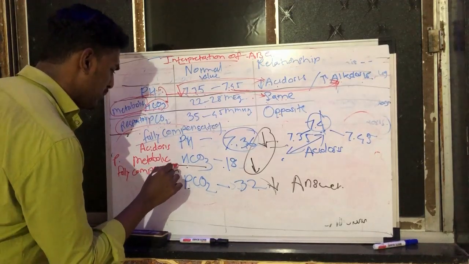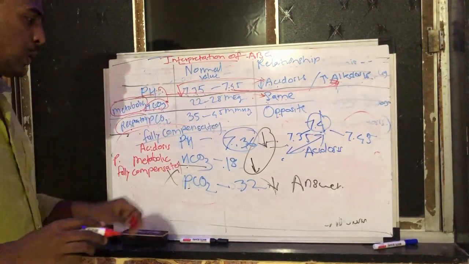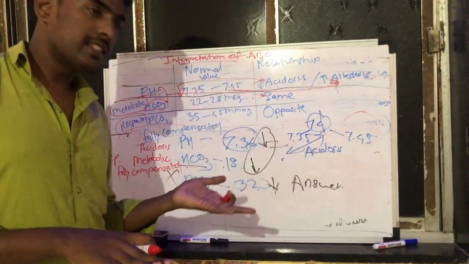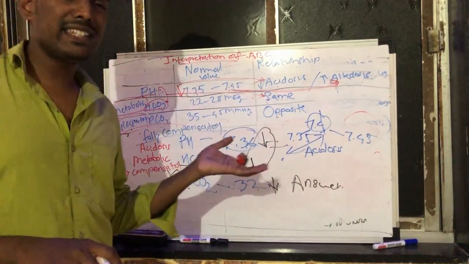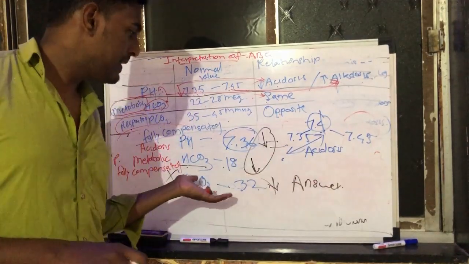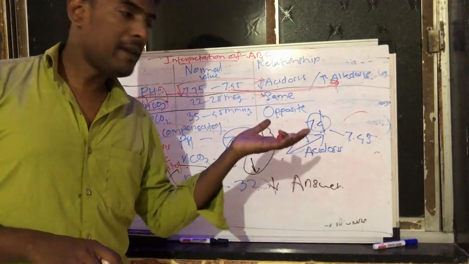Who compensates over here? PCO2. What did he try to do? PCO2 is decreasing, trying to increase the pH because my pH is near the lower range. So my PCO2 tries to increase my pH.